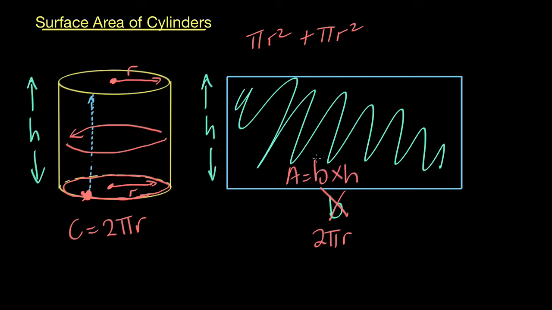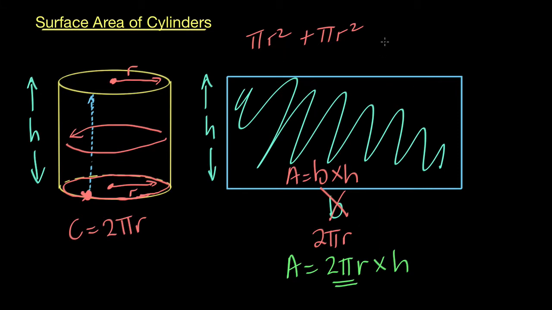But are we using base over here? We're not using base. We've got 2 pi r instead. So we simply say the area of this rectangle, instead of base, is 2 pi r, that's our base, multiplied by the height. So area is 2 pi r times h. That's that whole area there.